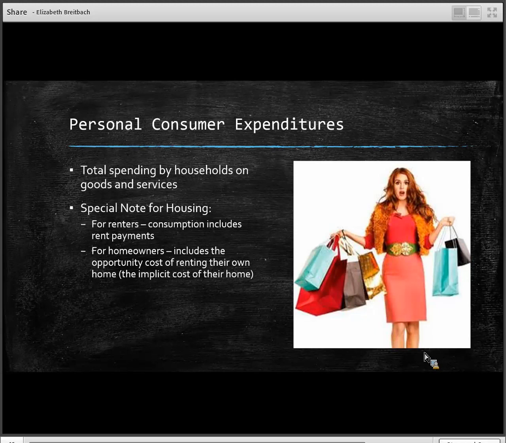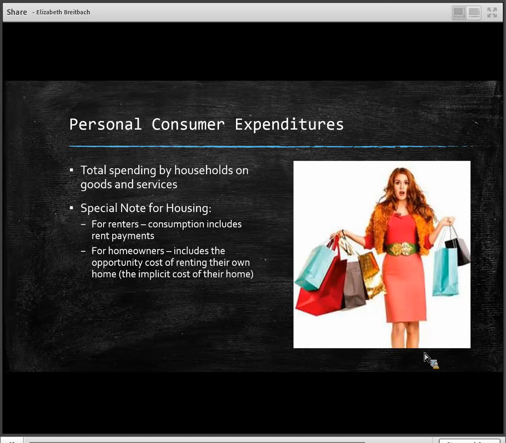So if instead you didn't live in your house that you owned, you instead rented that out to somebody else, what would it cost? Or what would they pay in rent? And that's what's included in GDP. So we don't include the whole house's value each month. What we do include is this implicit rent of owning our home.